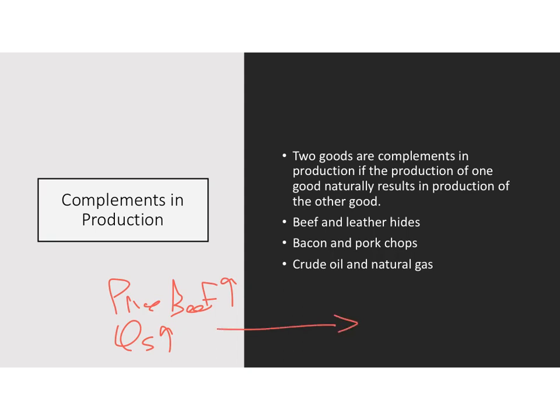And so we will see an increase in the supply of leather, because at every price there is now more leather being produced. This is an increase in the supply of leather. So in this case, we see the relationship between two goods that are complements in production. An increase in the price of one good leads to an increase in the supply of the other.